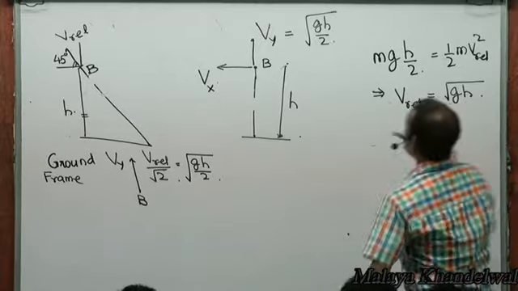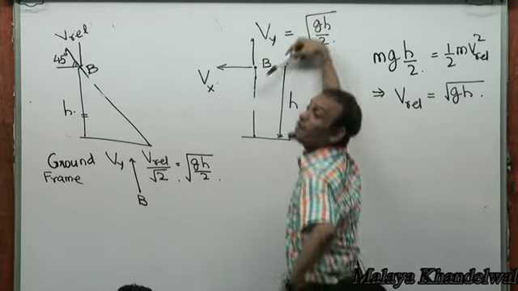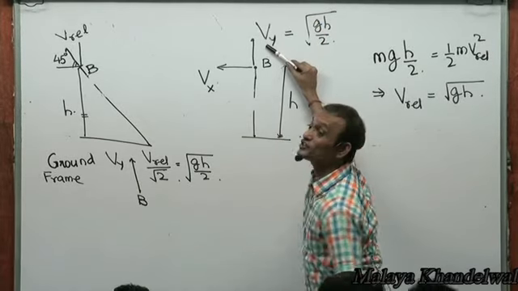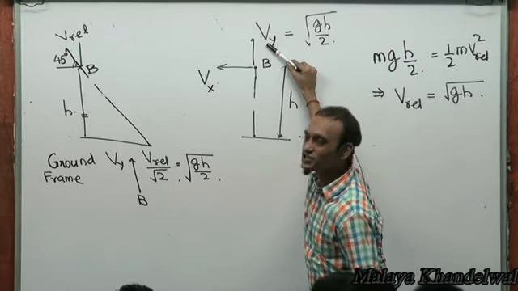Now, the maximum height that the particle goes above B is going to be Vy squared by 2g. Yes or no?